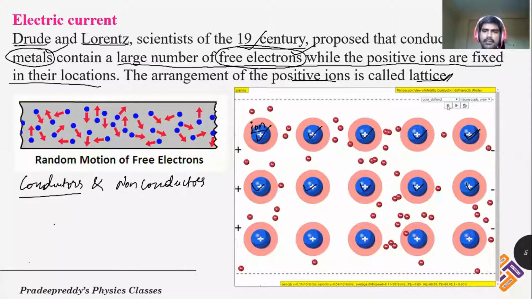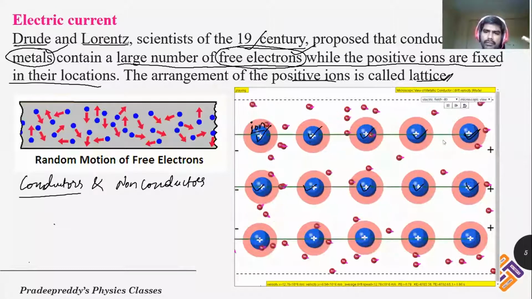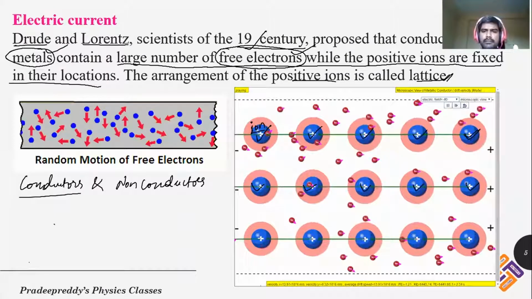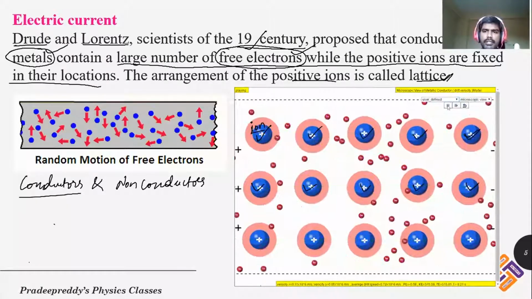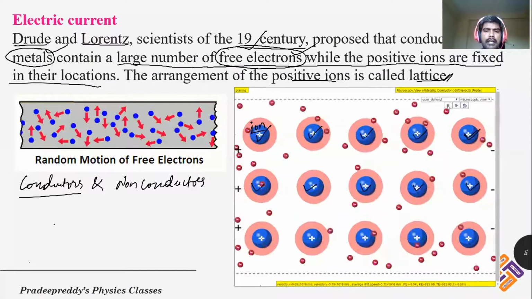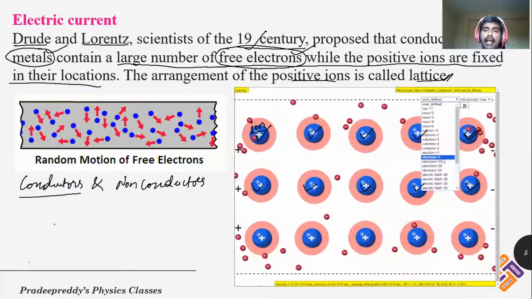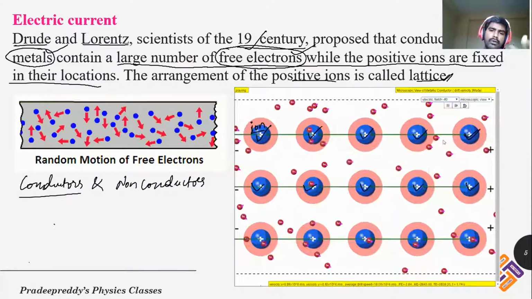You can check it in the animation. Ions are fixed at their lattice positions, and electrons are able to move freely and randomly in their own direction. They do not have a specific direction.